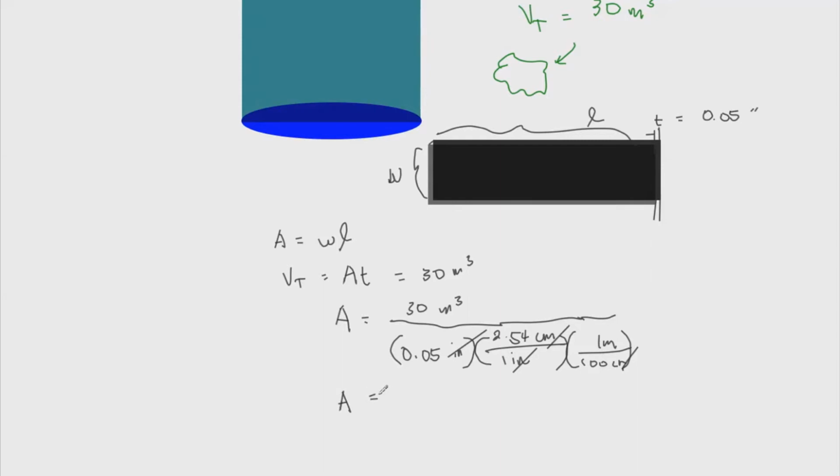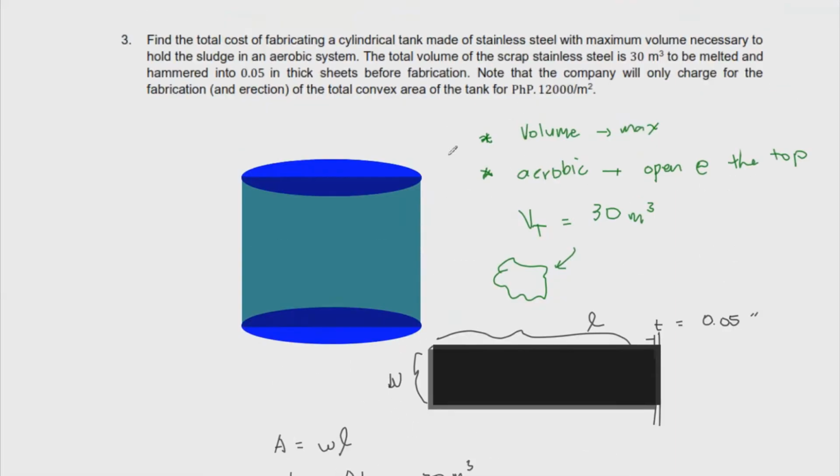So we can solve for that, and we'll obtain a value equal to 23,622.04724 meters squared. So this is the area that we'll be using to find the volume of our cylinder.